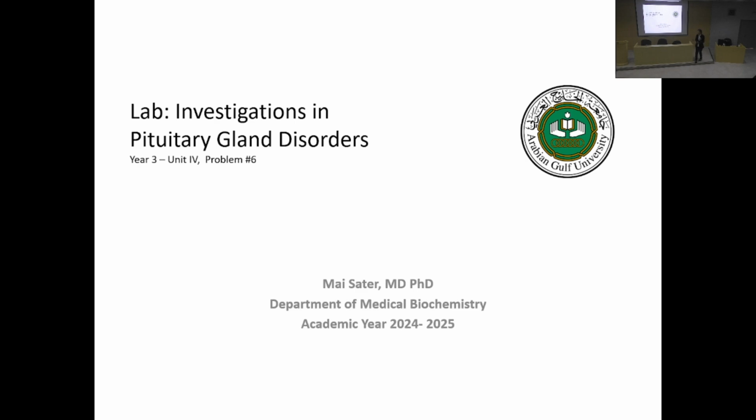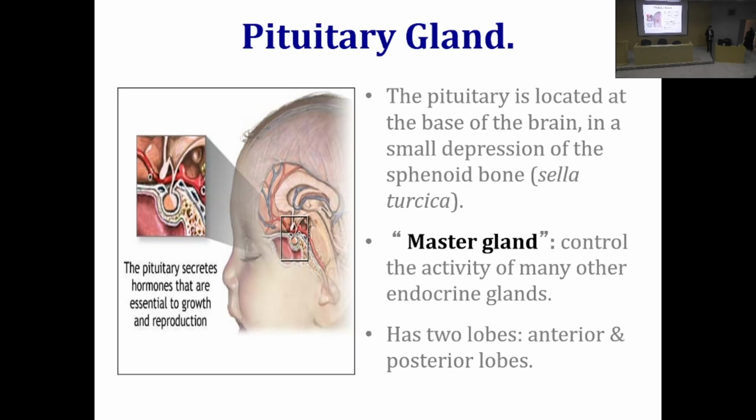But you're familiar with pituitary hormones. I'm going to list them in front of you and then briefly talk about different conditions related to abnormalities of the pituitary gland, what investigations you might consider, and how you interpret such investigations.